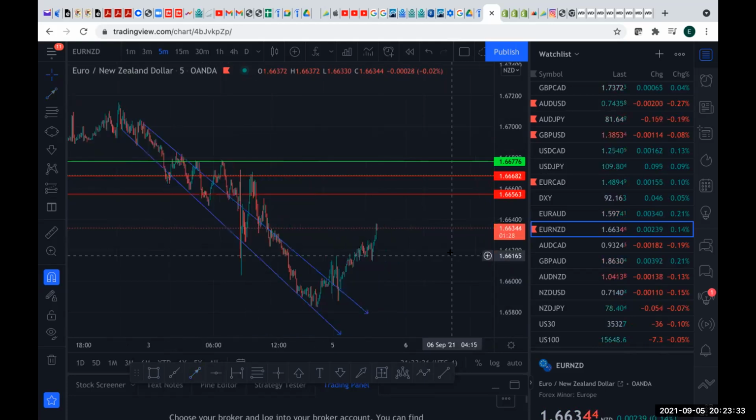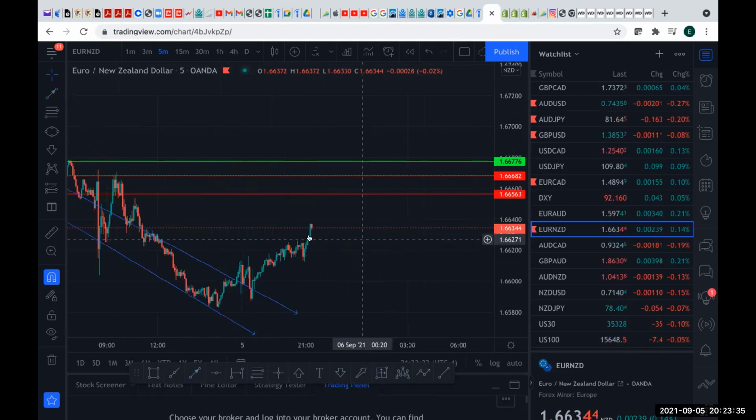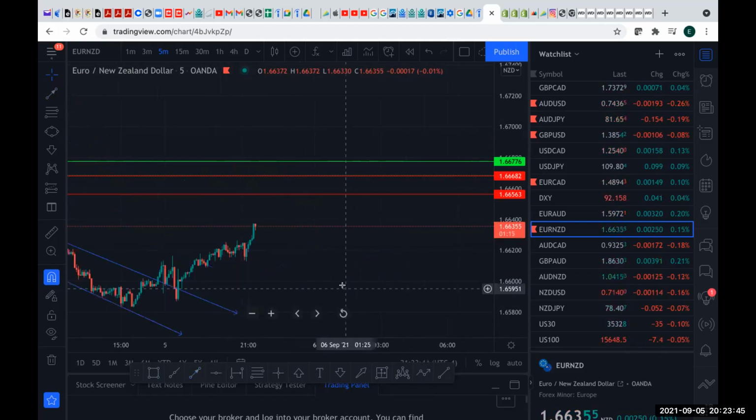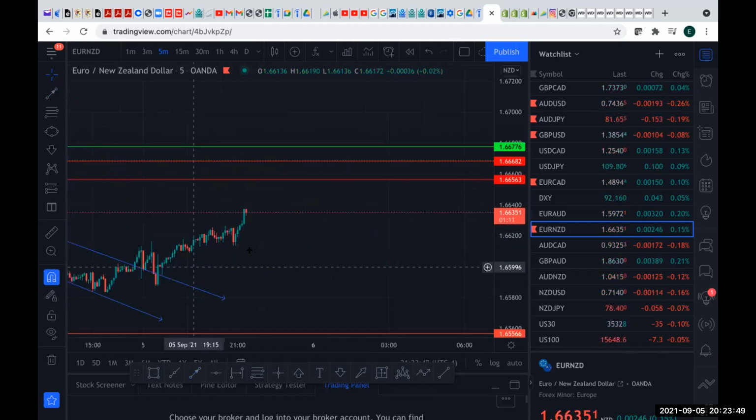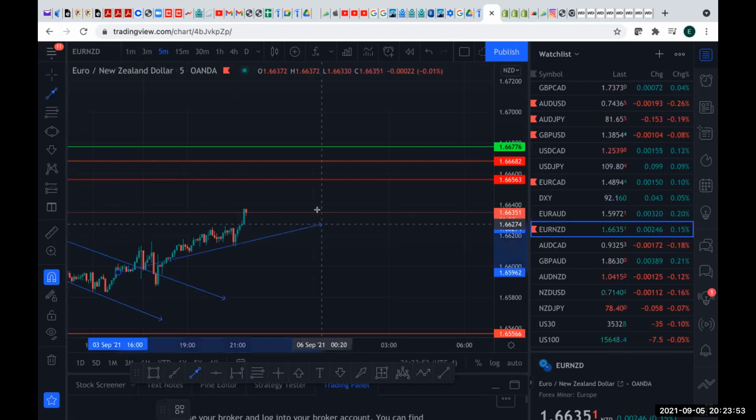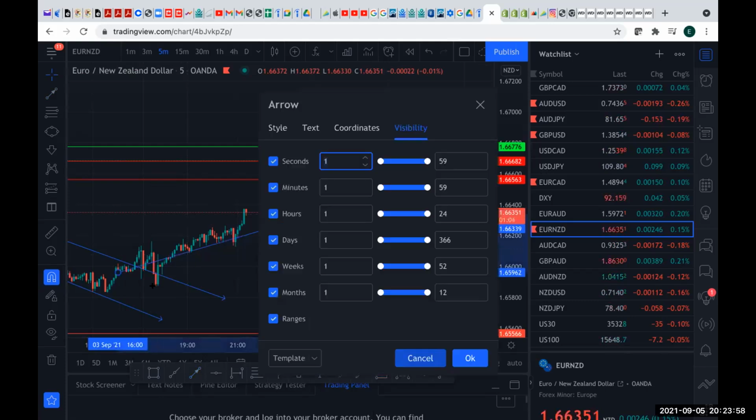So I would not put an uptrending fib on this right now, even though I could, because it is uptrending right now. However, it's actually in an actual downtrend. But for illustration purposes, I'm going to use the uptrending fib because this particular area is an uptrend. Okay, so that's actually an uptrend right there.